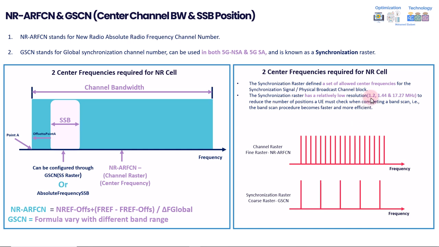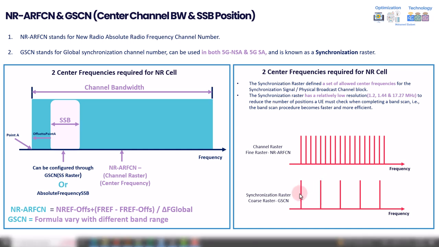For example, each band range will have a different scanning frequency span. For example, here it's moving every 1.2 megahertz, or even 1.44 megahertz, or even 17.28 megahertz. So actually, this is the main idea about why 5G introduced GSCN in general.